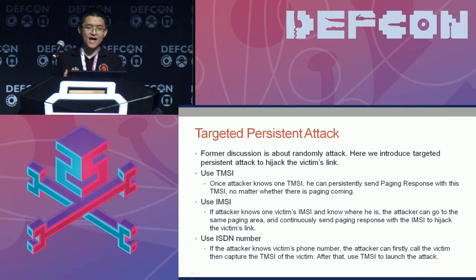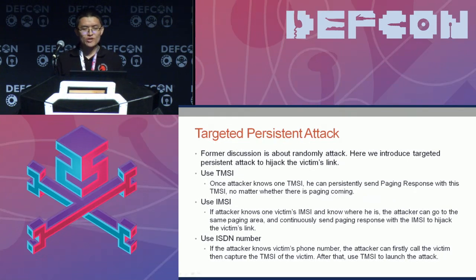We try to make a targeted attack on a test phone, which gives us the ability to debug and log the signaling. After our investigation, we found two ways to implement a targeted persistent hijack. First, we can send the paging response back constantly using the test phone's TMC or IMC, which we can get easily, no matter whether there is a paging request or not.